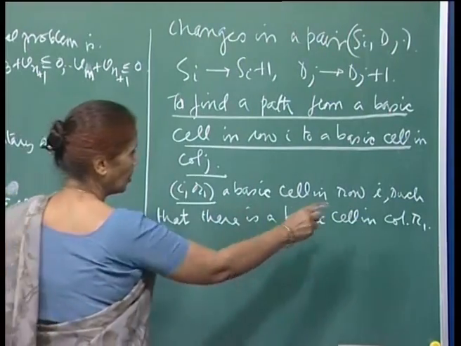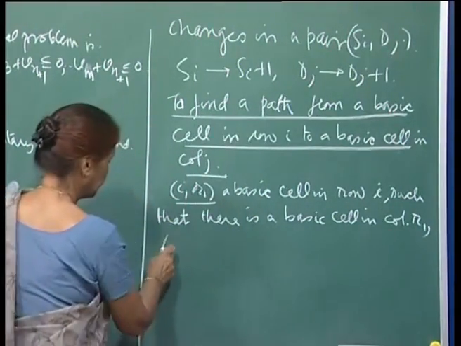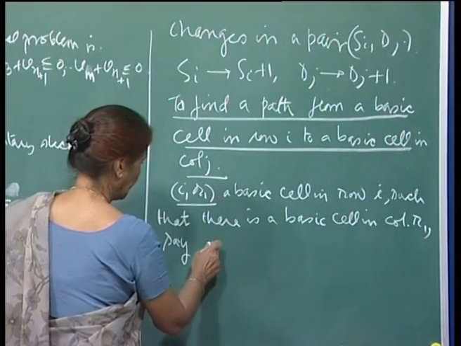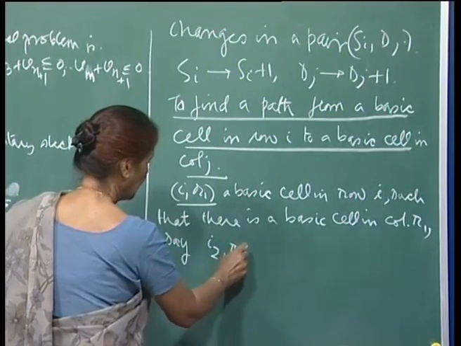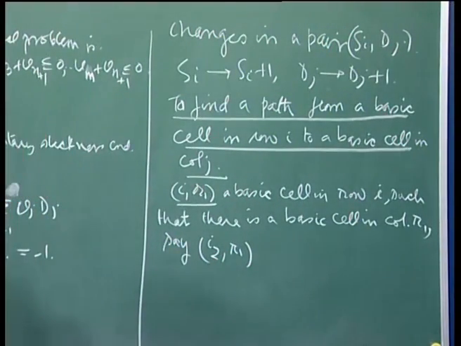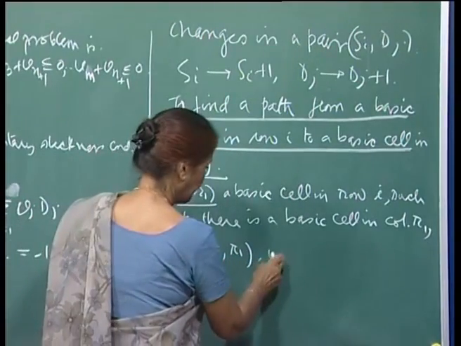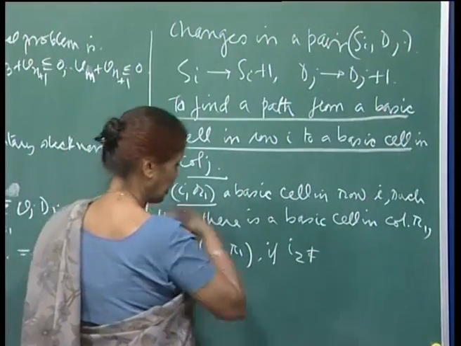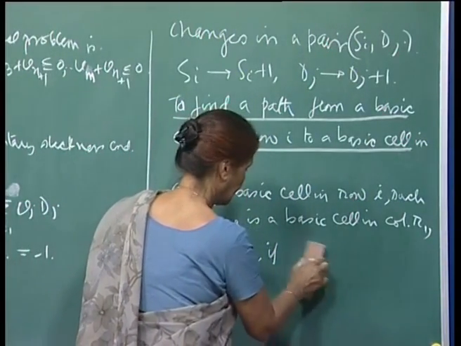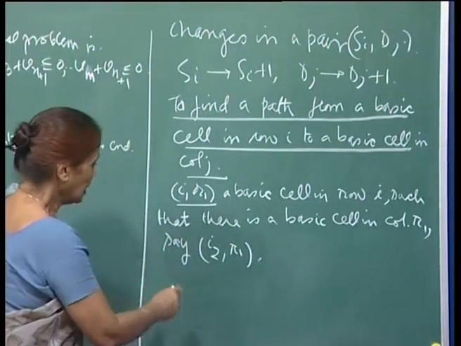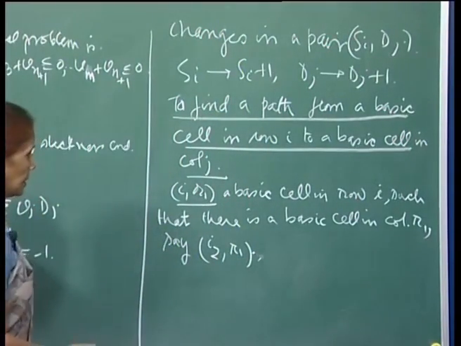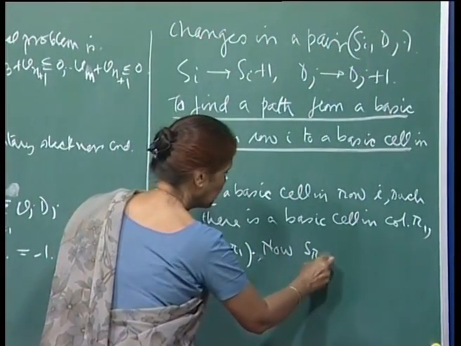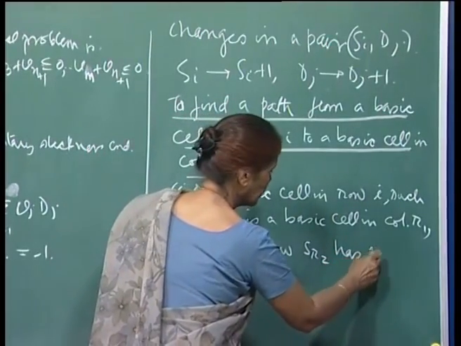So there is a basic cell in column r_1, say (i_2, r_1). Now, s_(r_2) has not changed.